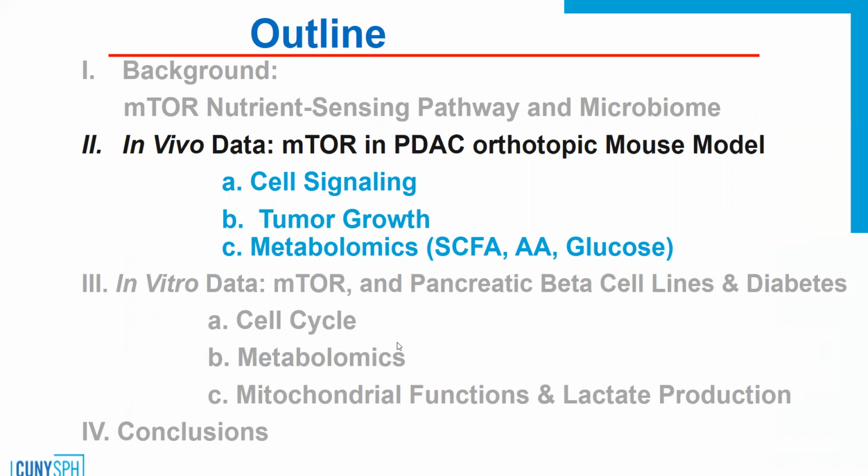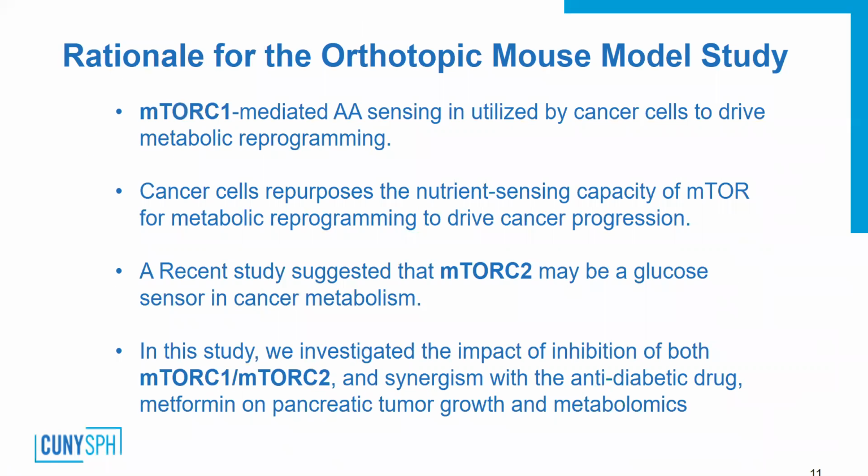So in the next few slides, I will summarize our in vivo data, where we looked at an orthotopic mouse model of pancreatic ductal adenocarcinoma and looked at the cell signaling, the tumor growth, and metabolomics. The rationale for the study was that mTORC1 mediates amino acid sensing and is utilized by cancer cells to drive the metabolic reprogramming.